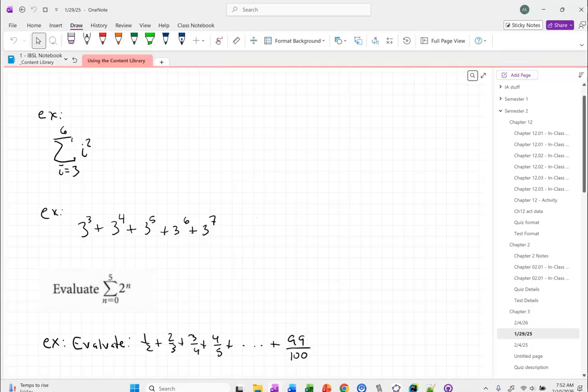So if I look at this first example, if I want to write this in expanded form, what am I going to do? I'm going to plug in the values from 3 to 6 into i, and then add those things up.